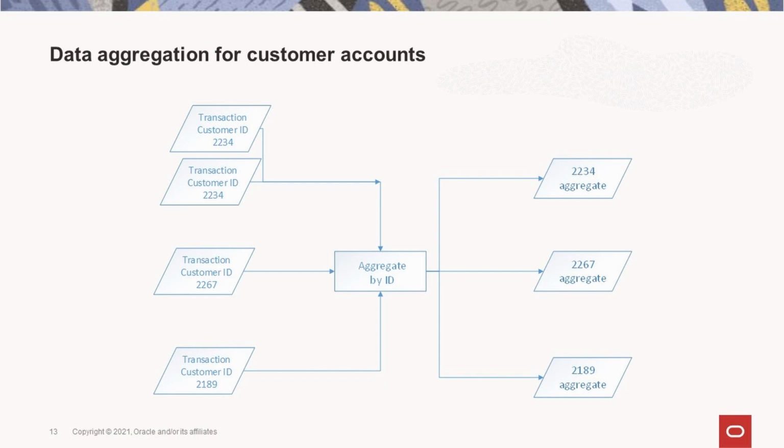The input data is these customer aggregates, not the individual customer transactions. What that means is we are looking for suspicious behavior over time. We're not looking at individual transactions. We're seeing, over time, is this customer suspicious?